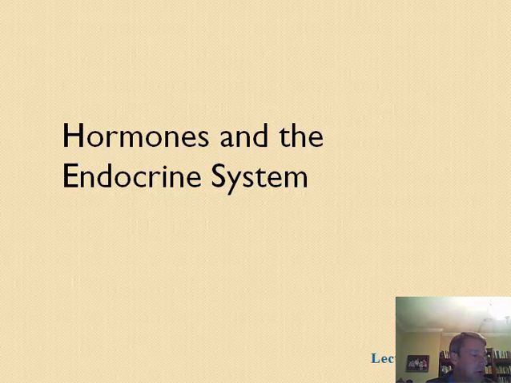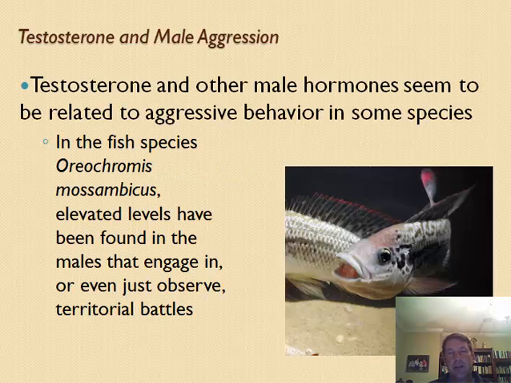A lot of hormones are also associated with behavior in animals. Here's an example out of your textbook about a hormone called testosterone. It's a male hormone that's involved in male behaviors of territoriality, aggression, and things like that.